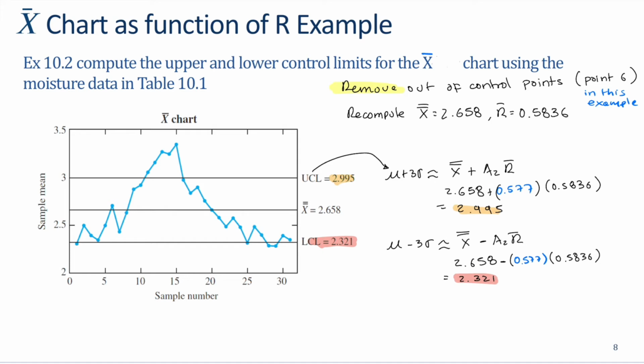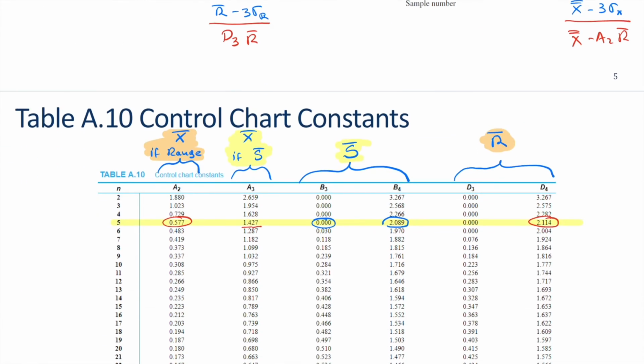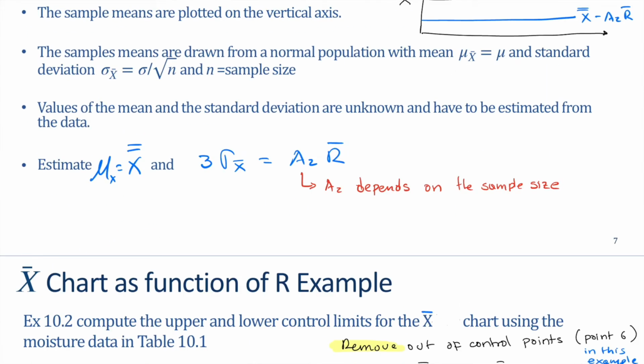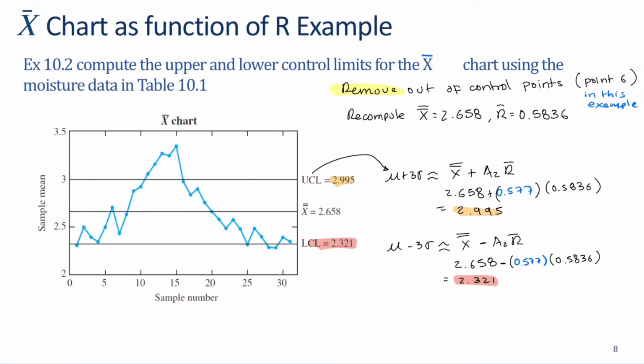Now, the new mean is 2.658 plus A2. A2, if you remember from the table, because it's based on the range, is 0.577, multiplied by the mean of the ranges, 0.5836, and the result is 2.995.